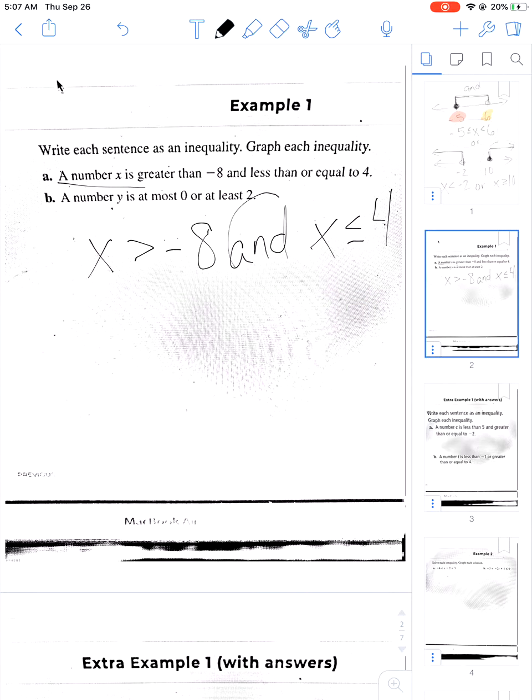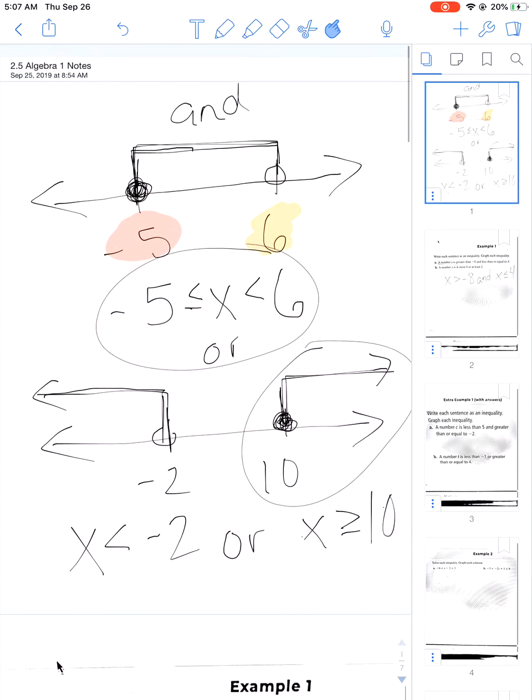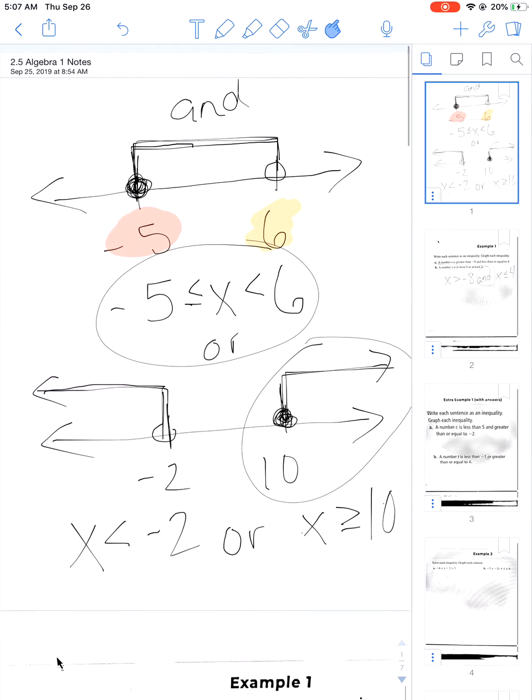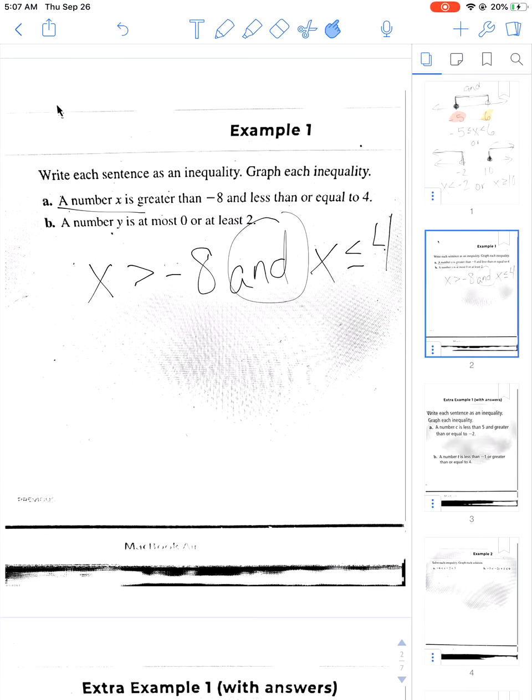Well, since it's an and, I know like this one, it has to be sort of all as one. So I write my smallest number first, biggest number last. Let's see, x is bigger than -8. That also means -8 is smaller than x. And then it also says x is smaller than or equal to 4.